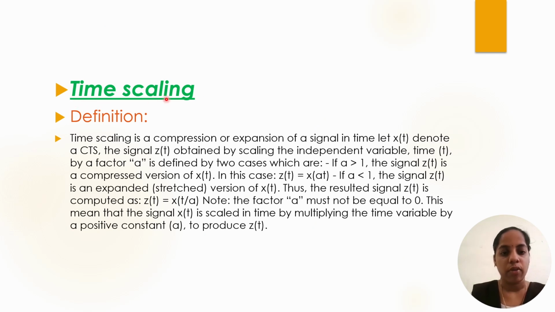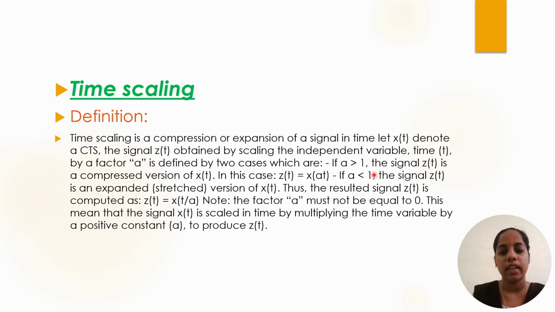Next, we have to see time scaling of a signal. Time scaling is the compression or expansion of a signal x of t. Z of t is independent variables. Time scaling of t by a factor a is defined by two cases.